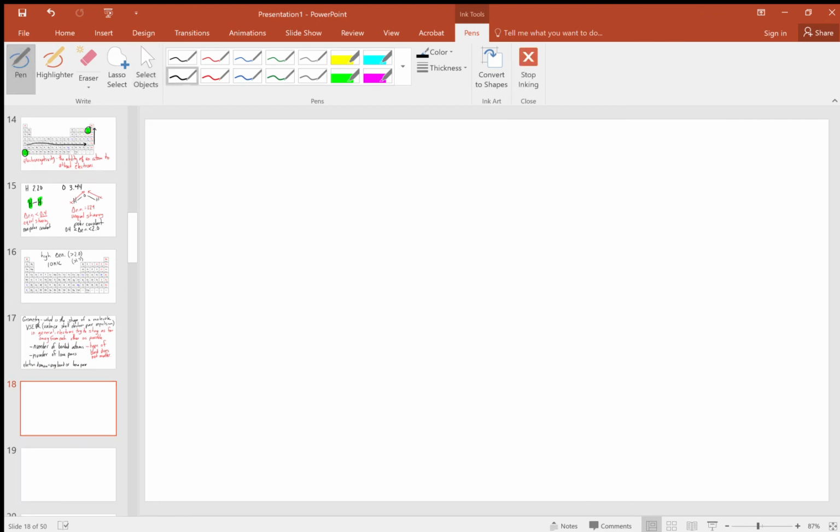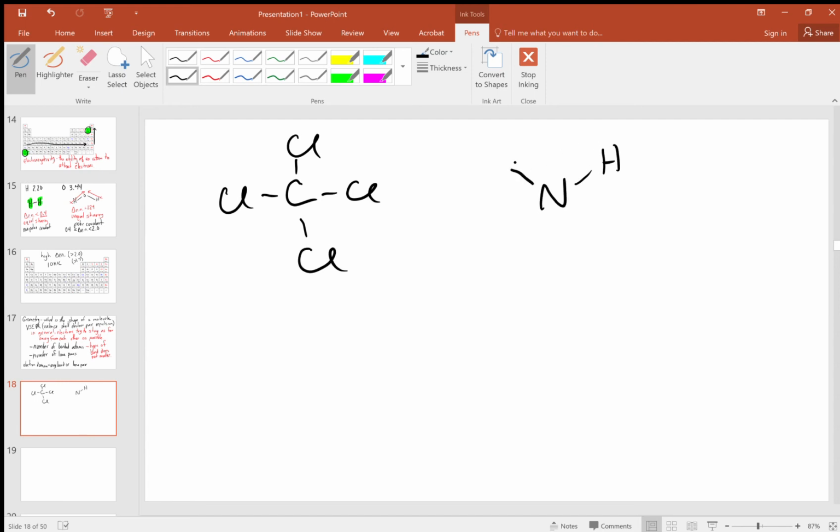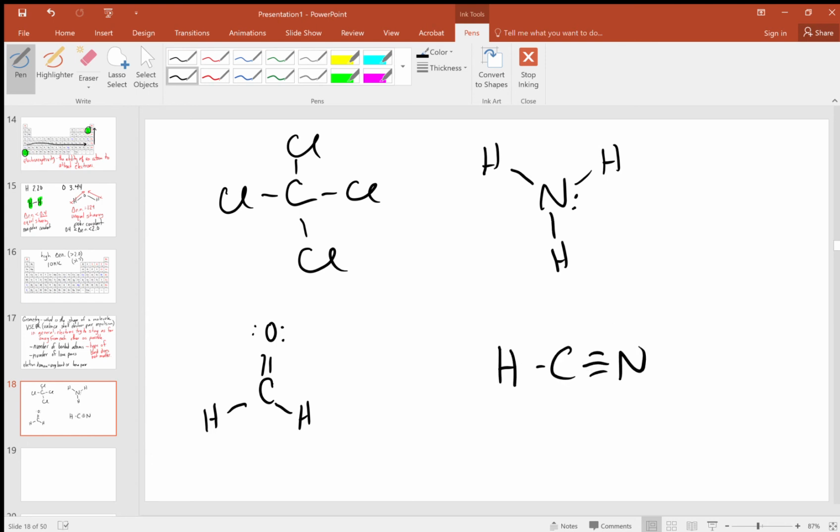So let's just look at a couple of examples here to clarify that. If we think back to some of the Lewis structures we've drawn, here's carbon tetrachloride, here's ammonia, let's do formaldehyde, and let's do hydrogen cyanide. So how many electron domains do each of these atoms have?